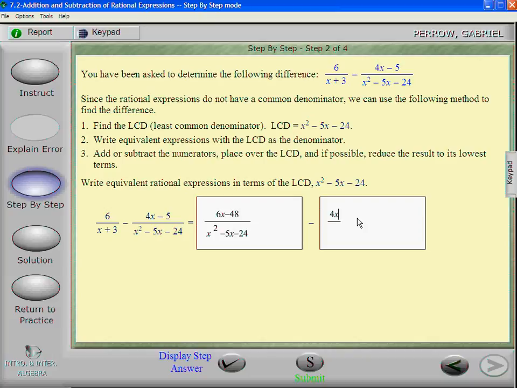It'd be nice if we had a little button I could just push to copy everything over. I don't think I can cut and paste anything. We'll type it all in for you, so the right side stays the same.